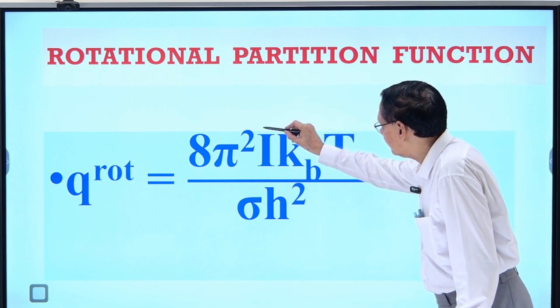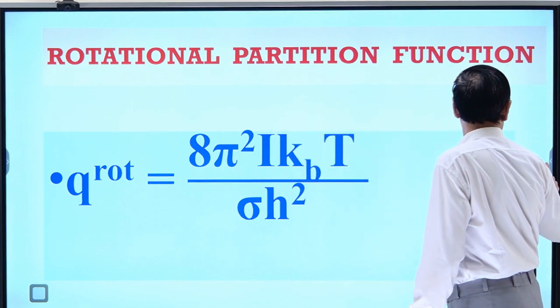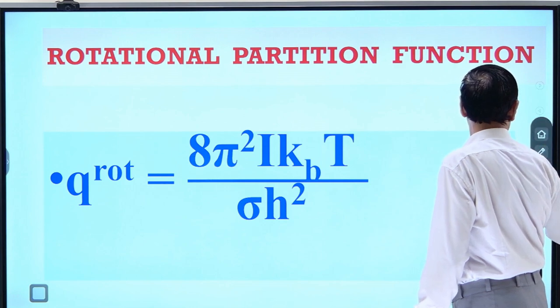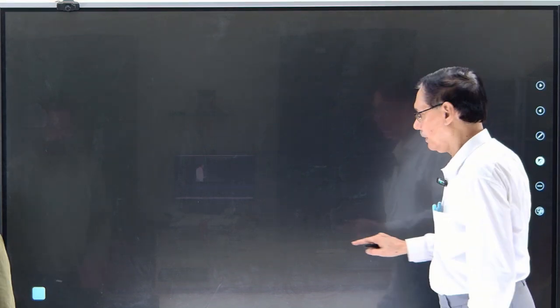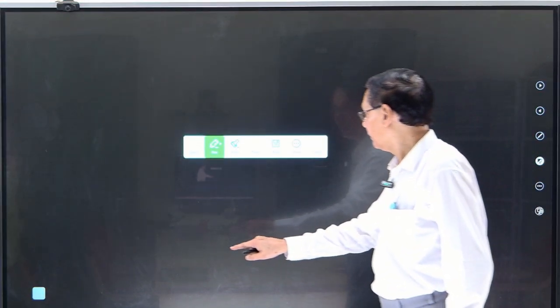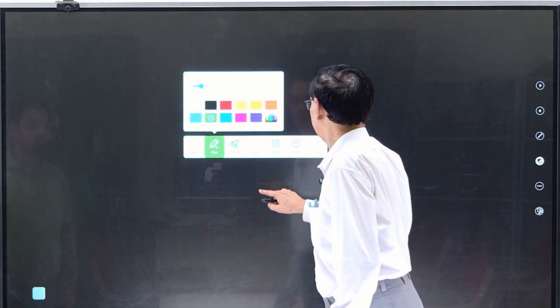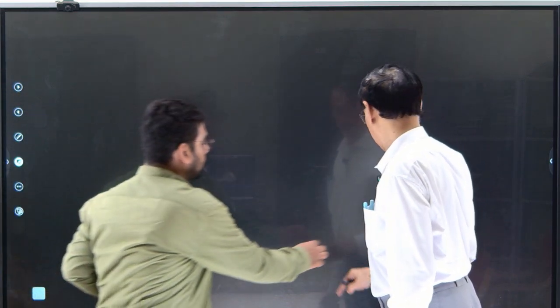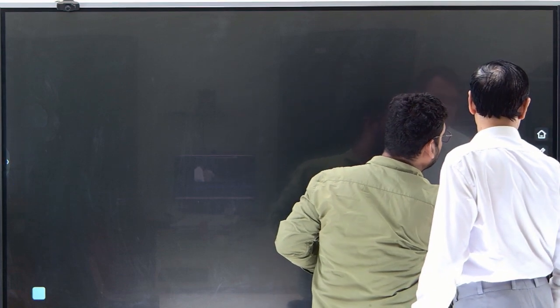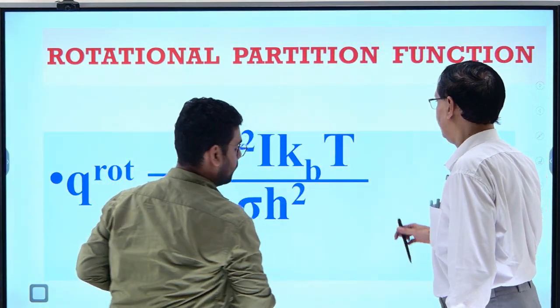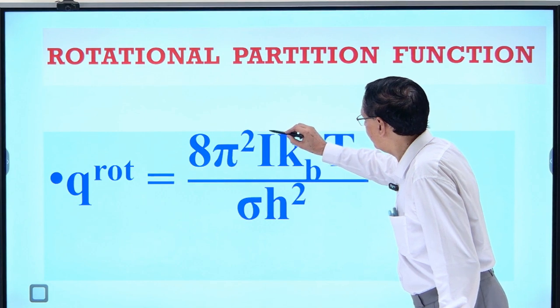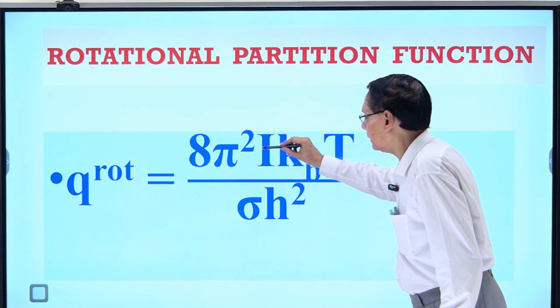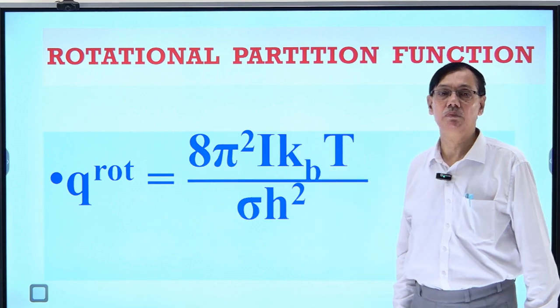One is the terminology giving the moment of inertia, one of the new terms you have heard.